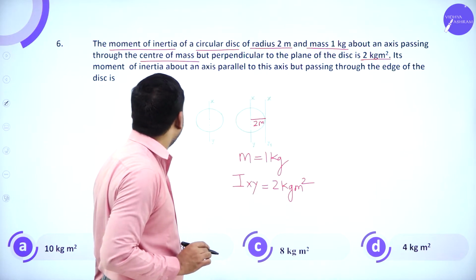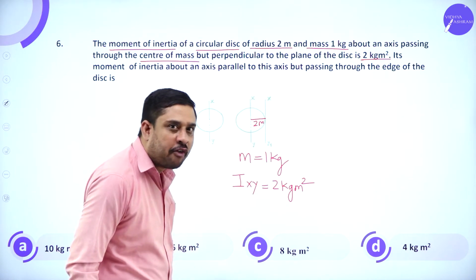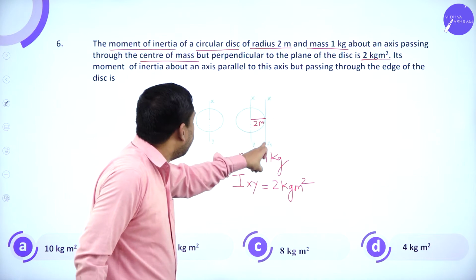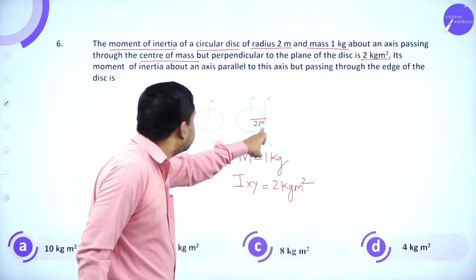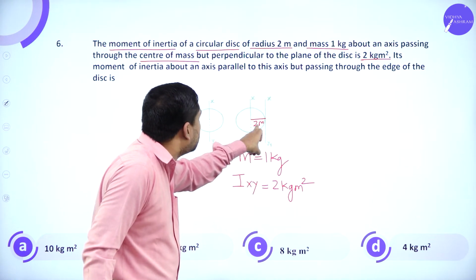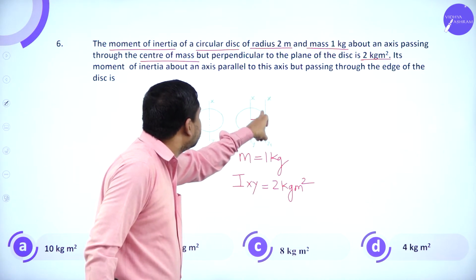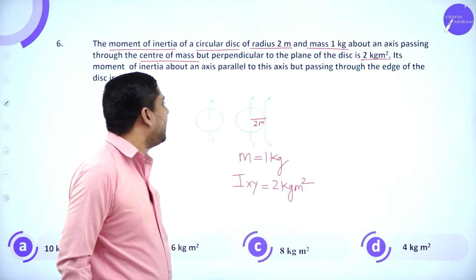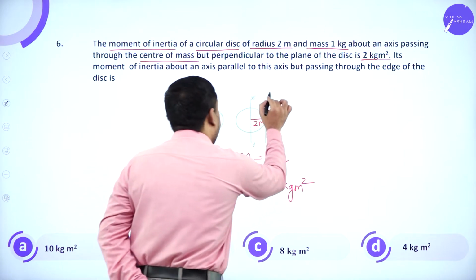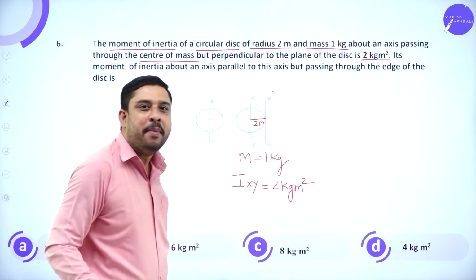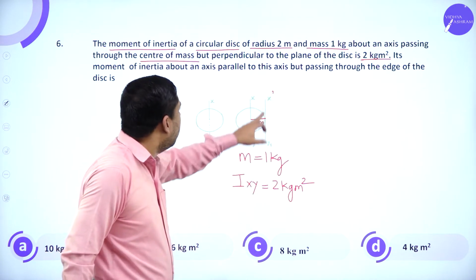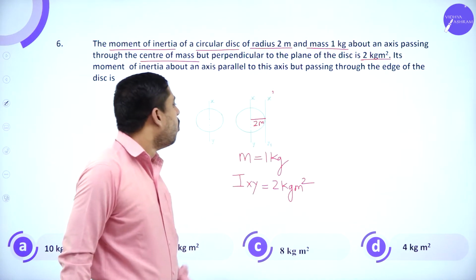I have to find the moment of inertia about an axis parallel to this, passing through the edge of the disk. That is, I have to find the moment of inertia about x dash, y dash.